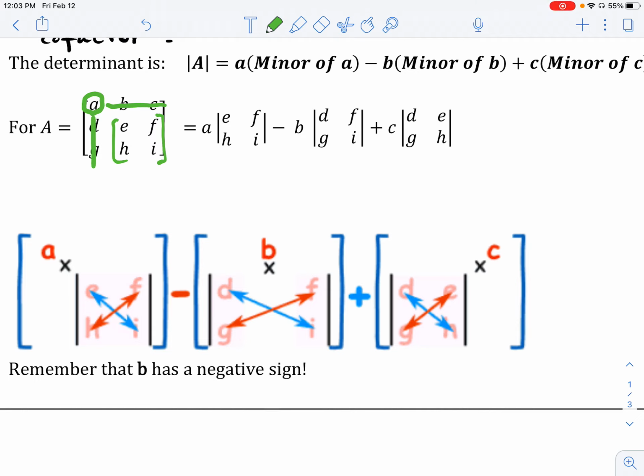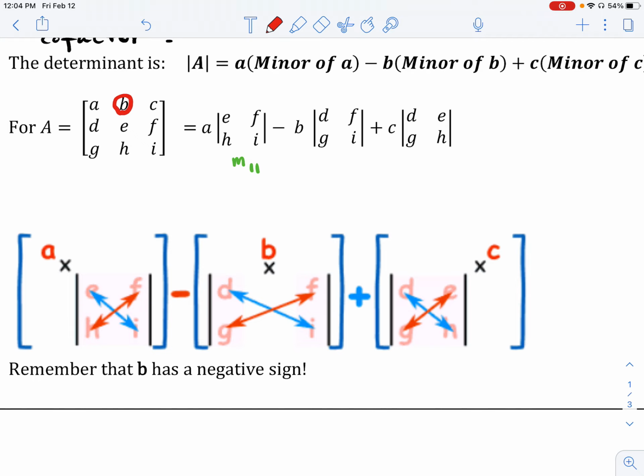That determinant is called the minor of A. So let me write that. This is the minor of A, or minor of A sub 1, 1, which was the entry in the first row of that first column. Okay, let me go ahead and use a different color to indicate our next minor. Then we're going to move on to B.